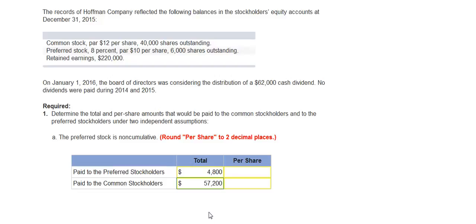To find the per share amounts, we would take the total and then divide by the number of shares outstanding. So 4,800 divided by 6,000 shares would give us 80 cents a share. And 57,200 divided by 40,000 shares outstanding would give us $1.43 per share.